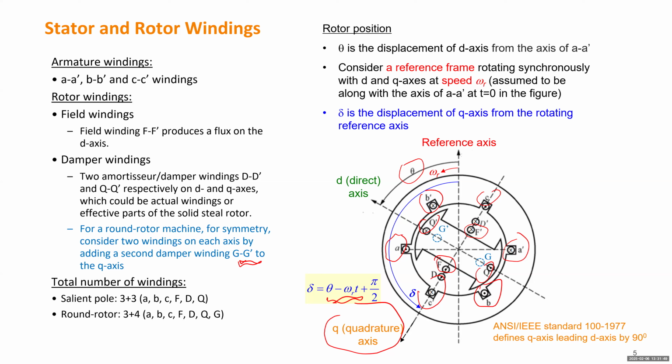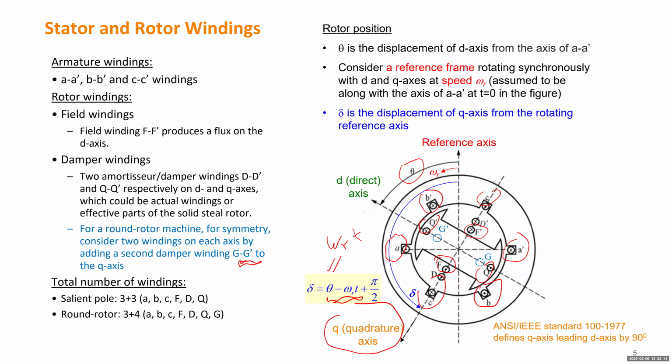Okay. So if theta is operating, the rotor is revolving at exactly this speed, this will be canceled by the negative omega RT. So delta will be constantly 90 degrees, which means the delta will be constant. It doesn't change.